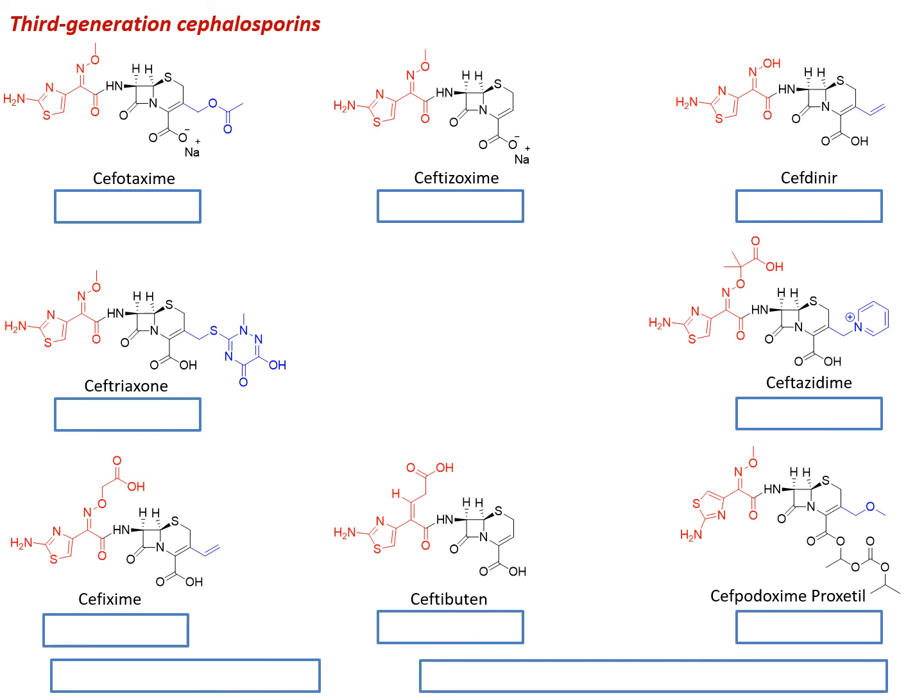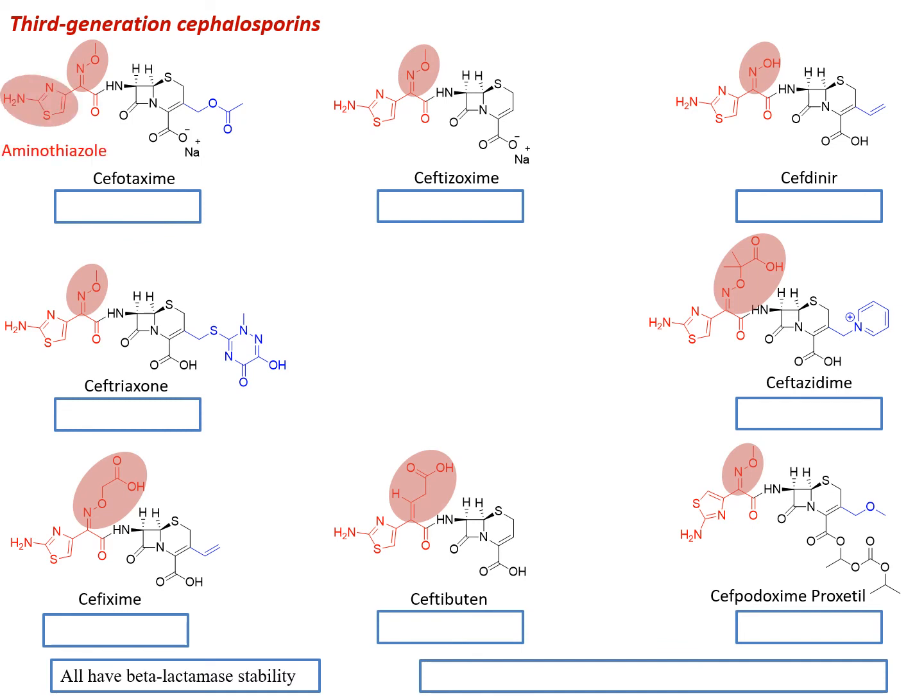Structurally, the third-generation cephalosporins are characterized with having on the side chain an oxime, a substituted oxime, or a substituted alkene, which make them stable to beta-lactamases. The sp2 hybridized alpha carbon is attached to an aminothiazole ring instead of the phenyl bioisosteres seen in the second-generation cephalosporins.